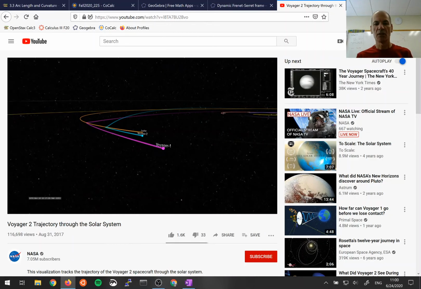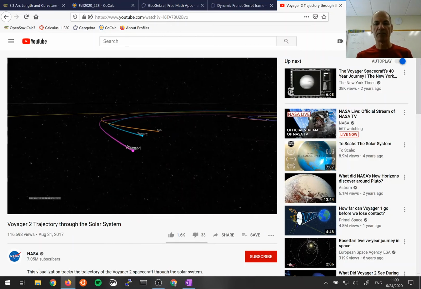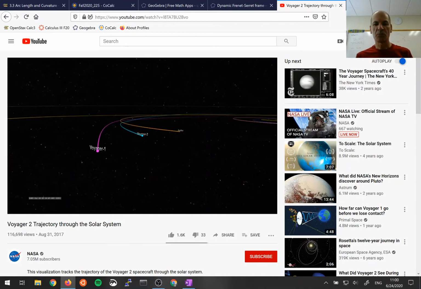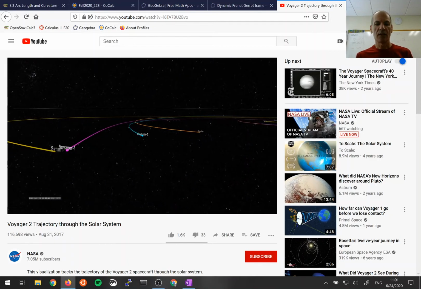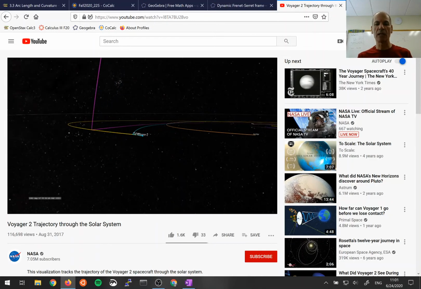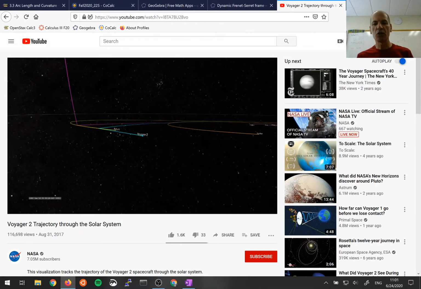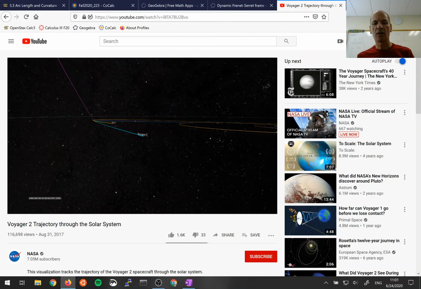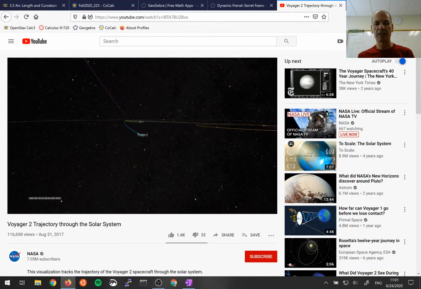Then Voyager 2, a little bit later in that same orbit, connects with Jupiter. Now Voyager 1 hits Saturn and uses Saturn not only to accelerate, but to leave the plane of the solar system, whereas Voyager 2 uses Saturn to just make another sharp turn and accelerate.